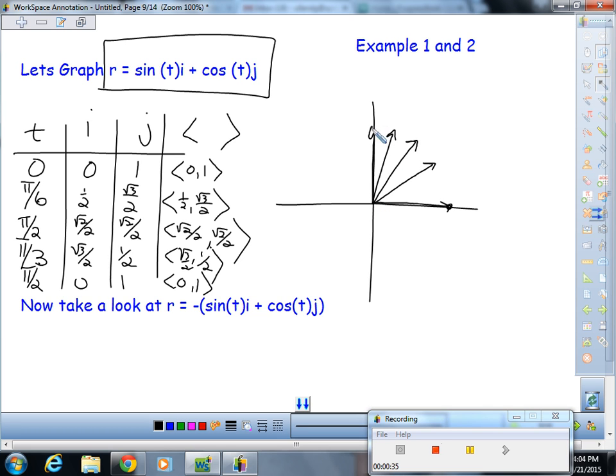I think you guys understood what this was going to look like. Now, let me explain to you what a vector-valued function actually is doing. The plane curve is the graph of all of the endpoints of the vectors. So you guys know that this graph is going to be a circle.